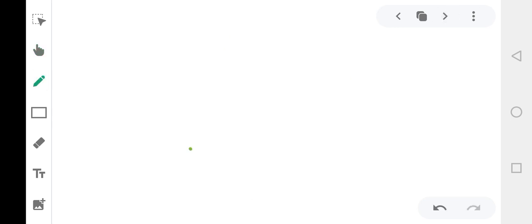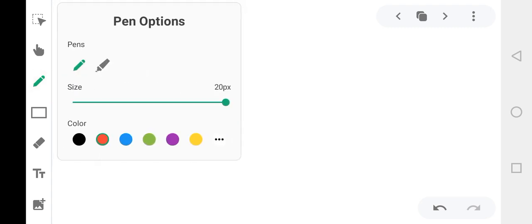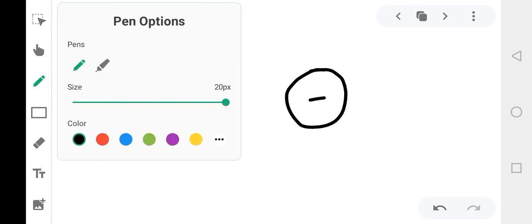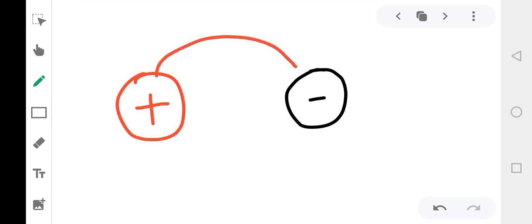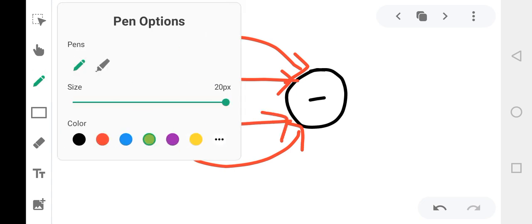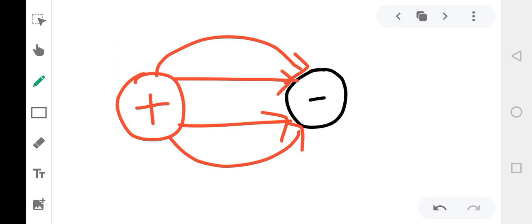So this time, let me again take two spherical charges, positive and negative. So what will happen? Again the electric field will be established. Again I will take an example. Let's say this time I have this negative charge here.